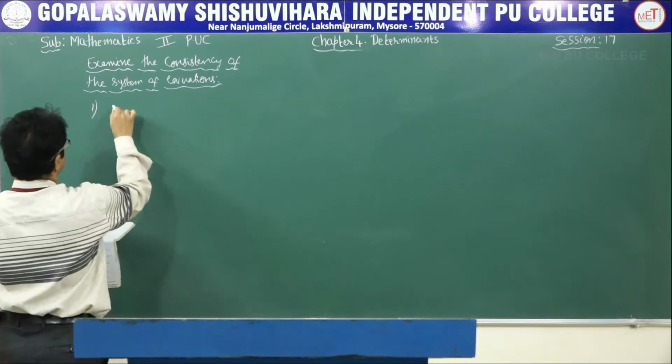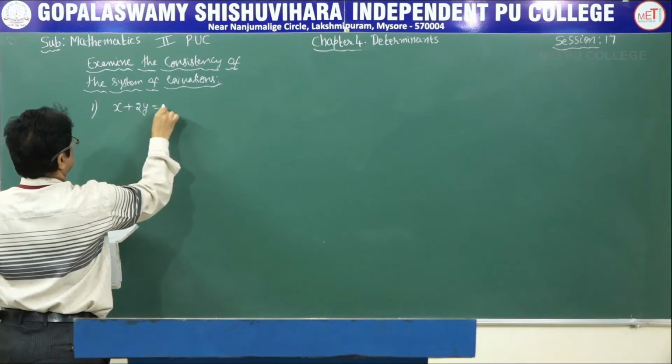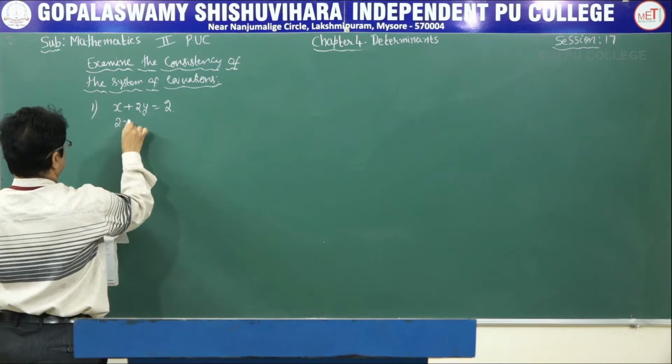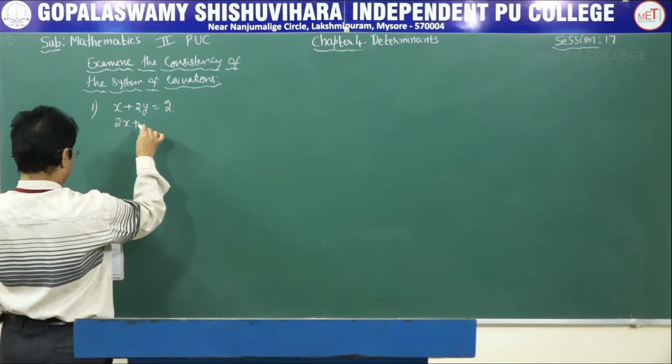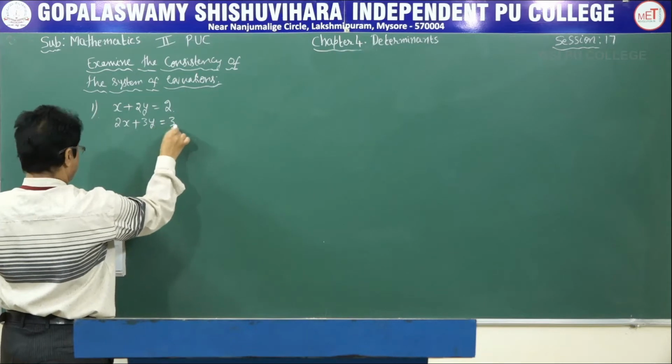First problem: x plus 2y is equal to 2, 2x plus 3y is equal to 3.